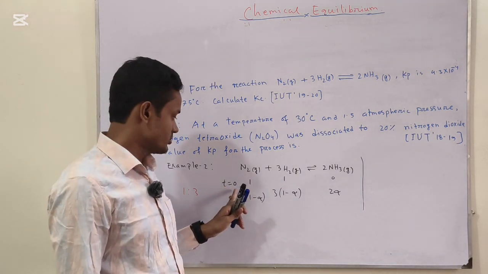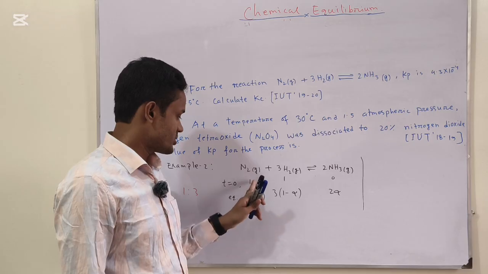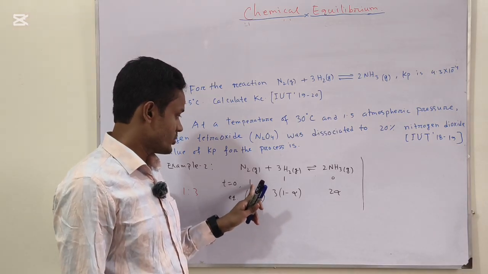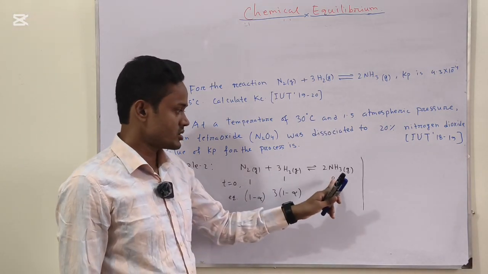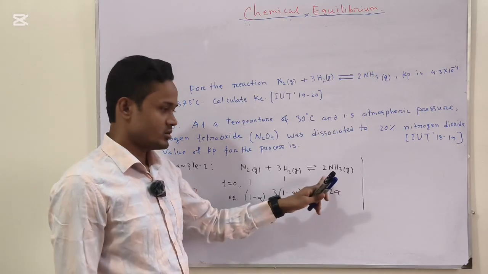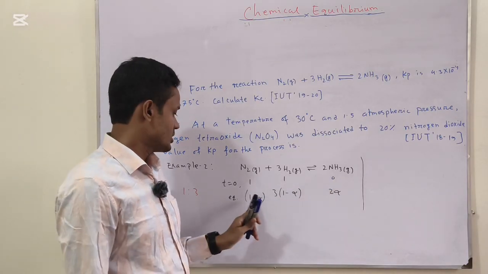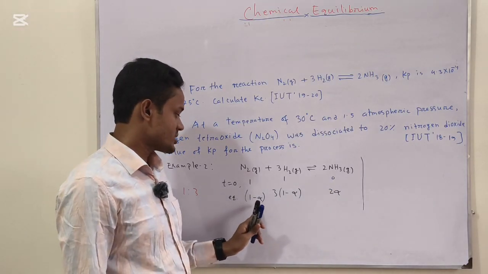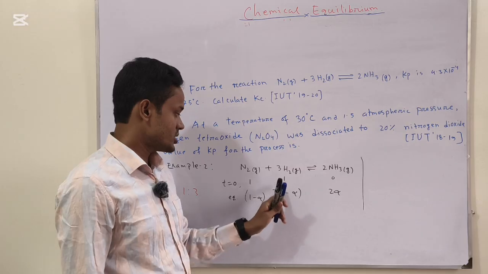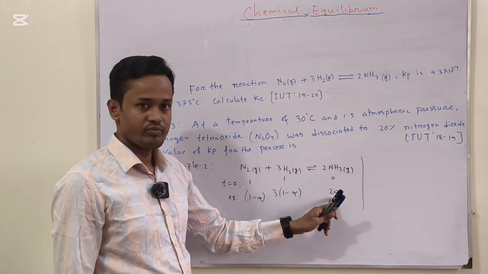When t equal to 0, nitrogen is 1 and product is 0. There is no product. At equilibrium: 1 minus alpha, 3 into 1 minus alpha, 2 alpha.